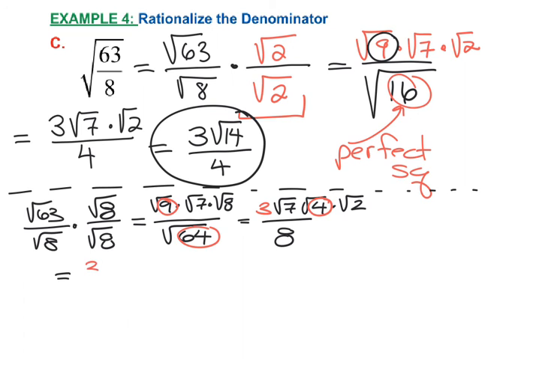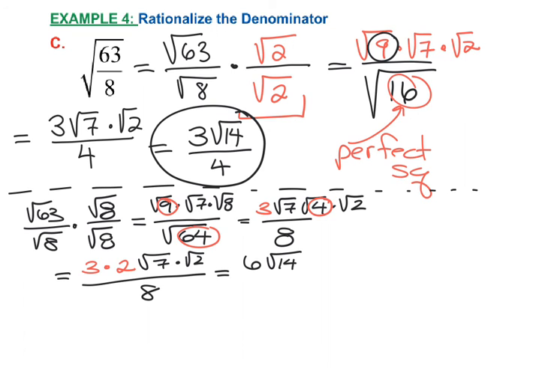So we have 3 from the square root of 9 times 2 from the square root of 4. Square root of 7 times the square root of 2, all divided by 8. 3 times 2 is 6.